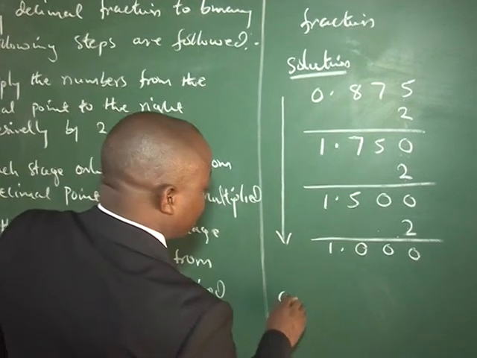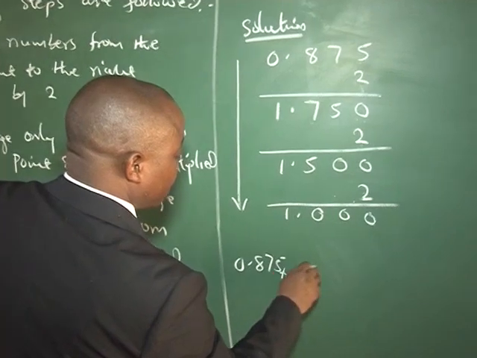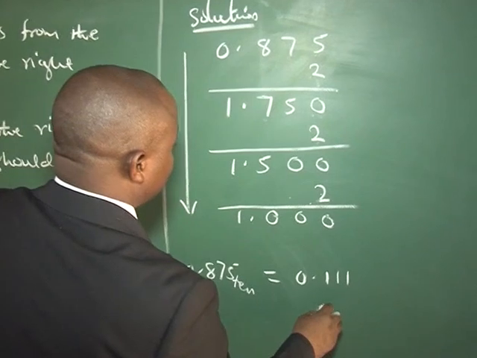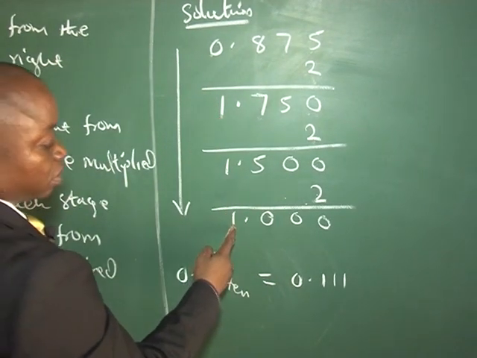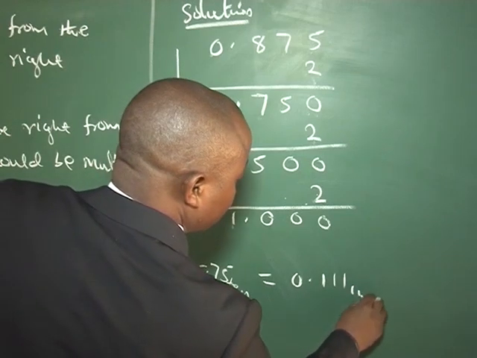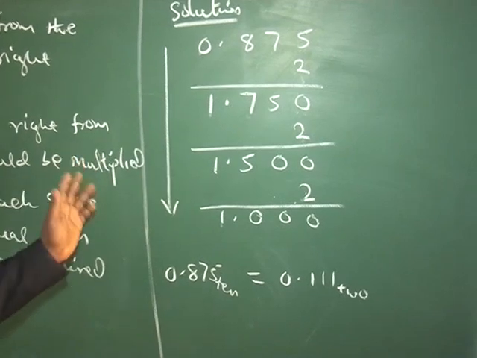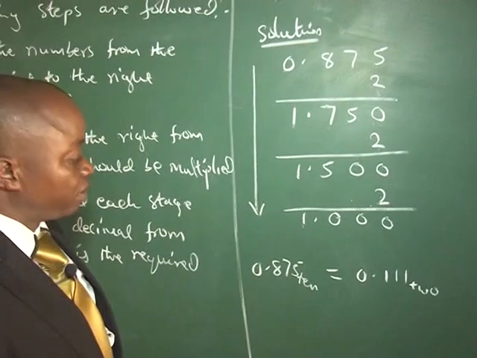So we have that 0.875 base 10 is equal to 0.111 base 2. So this is how decimal fraction is converted to binary fraction, and they are very simple to deal with.